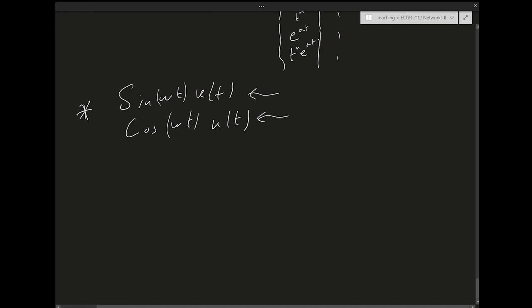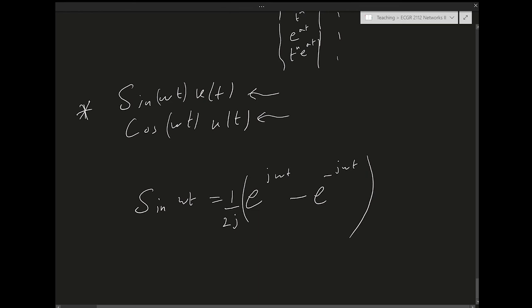So how would we do the sine and cosine? There are multiple ways of doing that. One way is we could take sin(ωt) and write it in terms of the exponential function. sin(ωt) is equal to (e^(jωt) minus e^(-jωt)) times 1 over 2j.